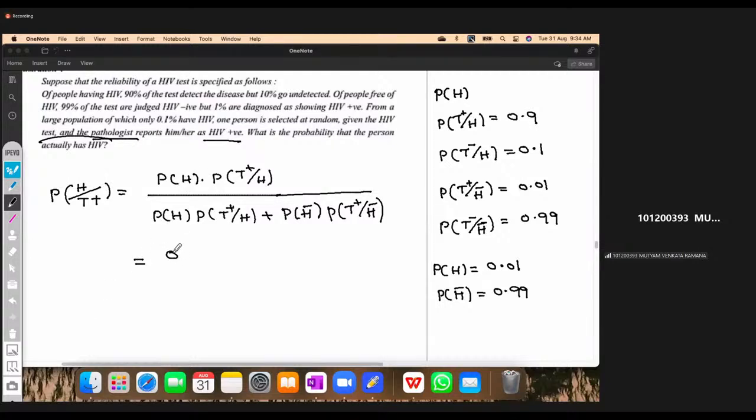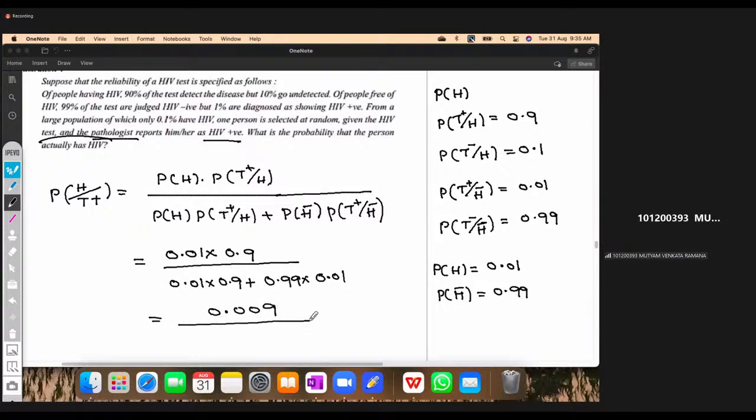Probability of H is 0.01 into 0.9, by 0.01 into 0.9. Probability of H prime is 0.99, but still it can be test positive is 0.01. So it is equal to 0.009 by 0.009 plus 0.00999.